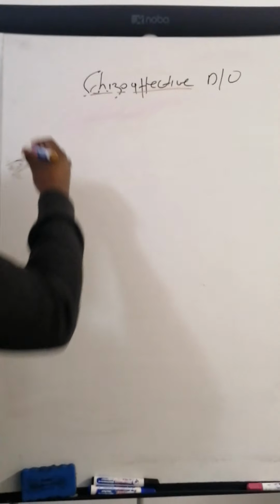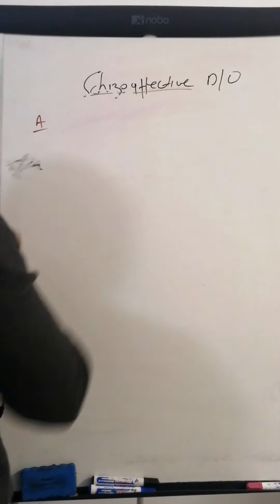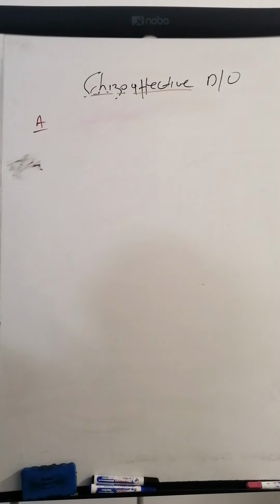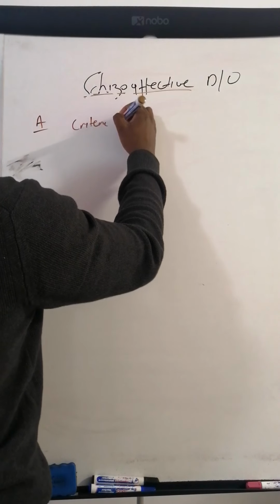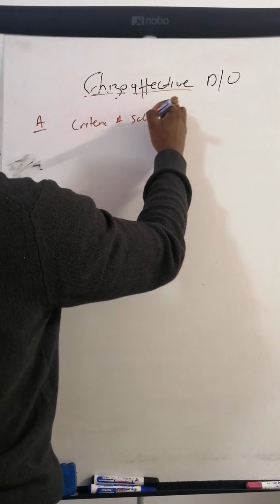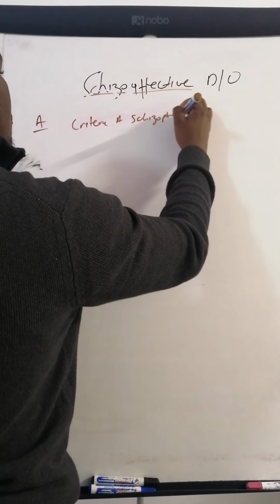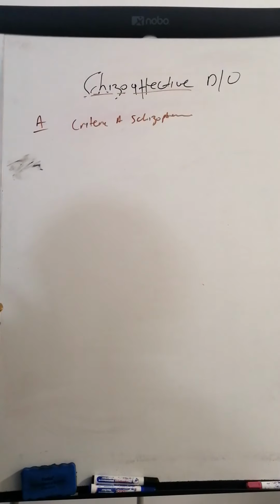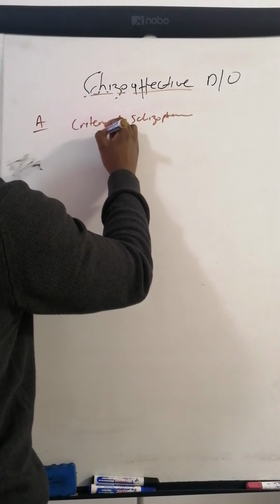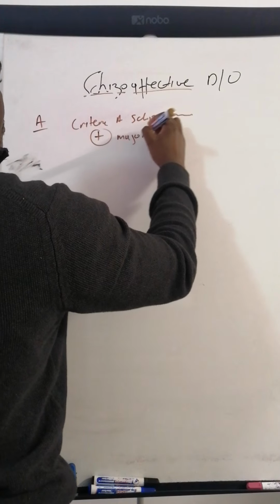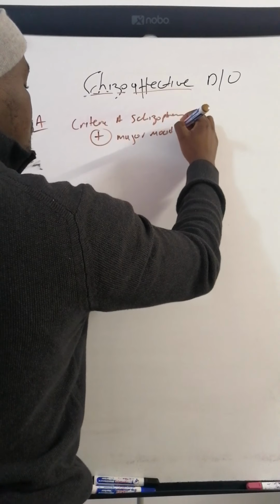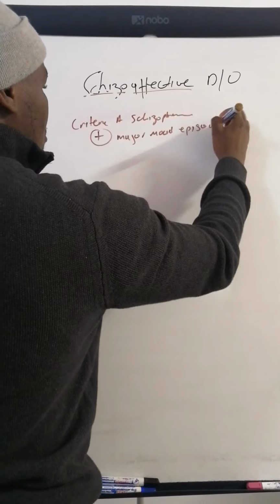So that's the major difference between this and the other three. So, what's criteria A for schizoaffective? Criteria A is someone who comes in with criteria A of schizophrenia, but big plus, with a major mood episode.